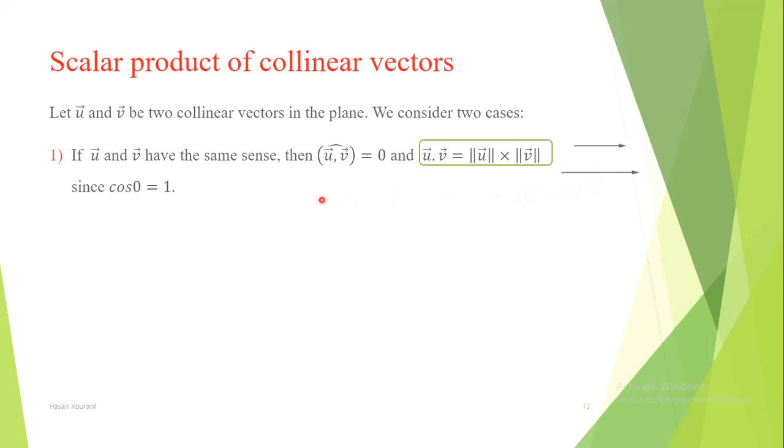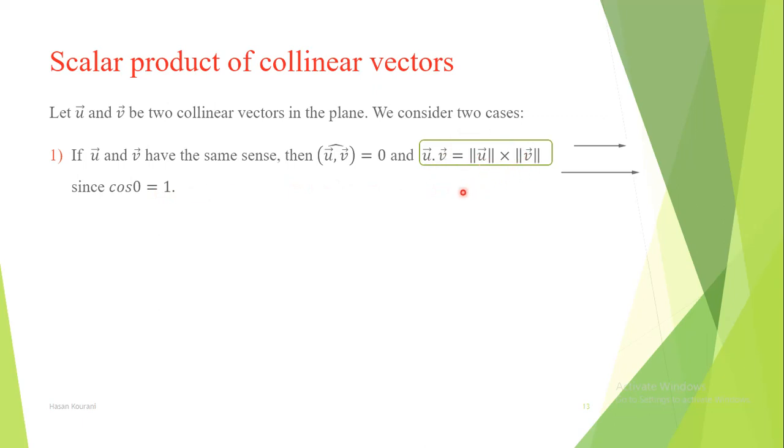From previous videos we saw that the geometric angle will be 0 in fact, and using the geometric definition of scalar product, u dot v will be magnitude of u times magnitude of v times cosine alpha, or cosine 0 in this case. Cosine 0, as you know, using calculator is 1. So the result will be u dot v equals magnitude of u times magnitude of v.